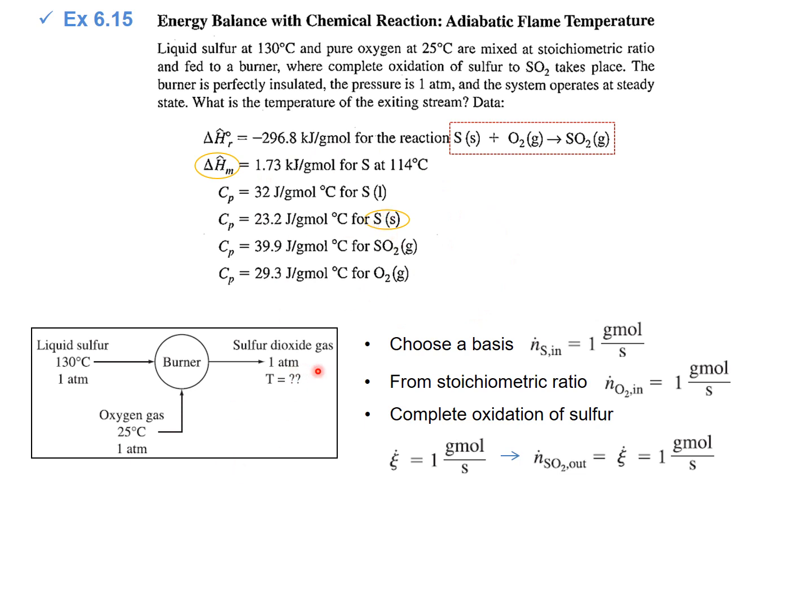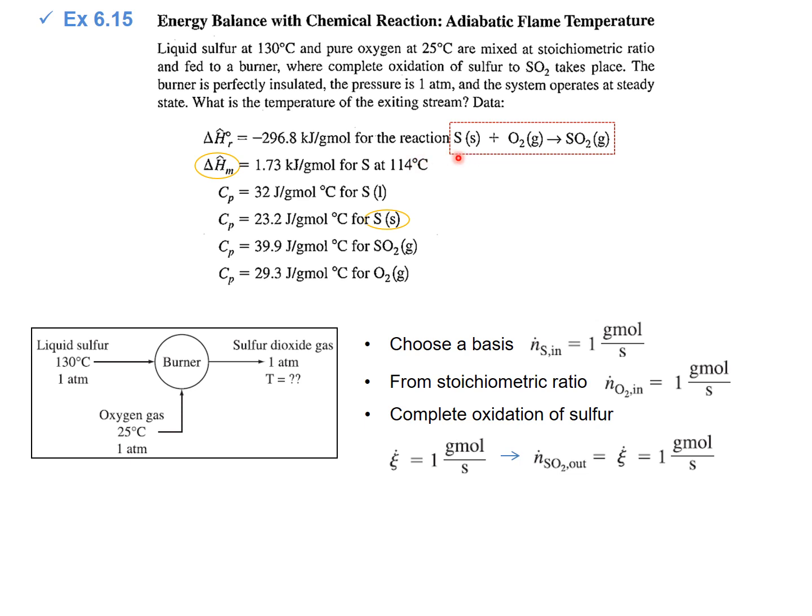The first one is about the mass balance equations, or the values of each stream. Choose a basis. There is no information about the molar flow rate, so we should define a basis. For example, in the first input stream, the flow rate of sulfur is 1 gram mole per second, and there are some assumptions.